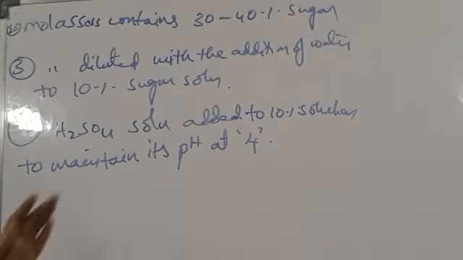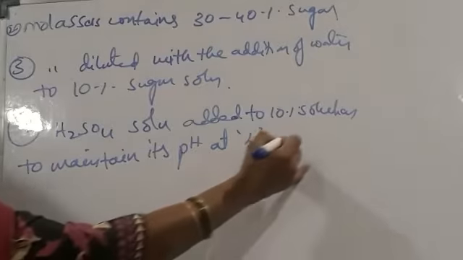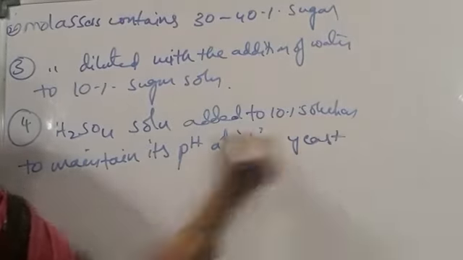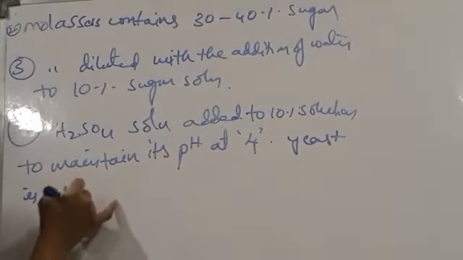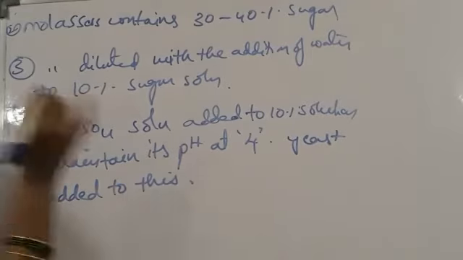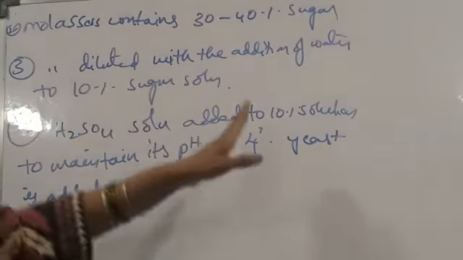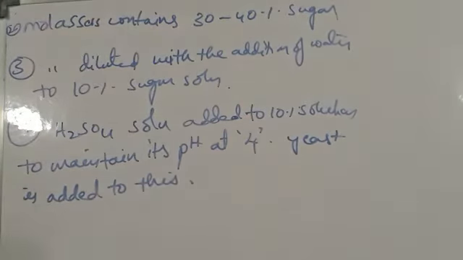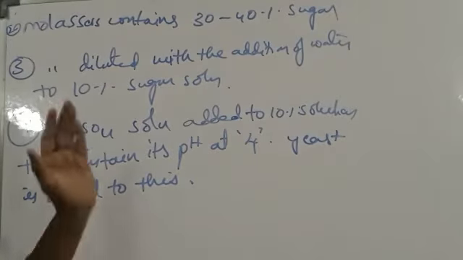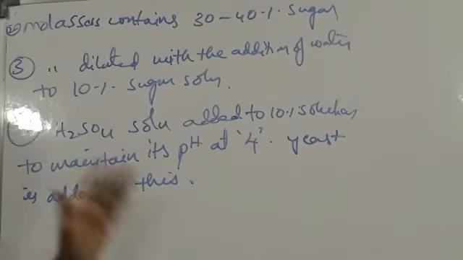Then the next step is the addition of yeast, and yeast is added to this solution. What is the purpose of yeast here? Yeast is a microorganism. It produces enzymes. Here yeast produces enzymes like invertase and zymase.